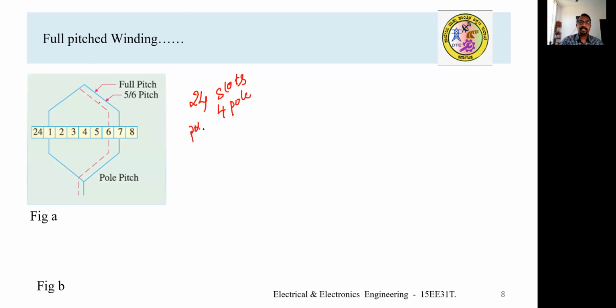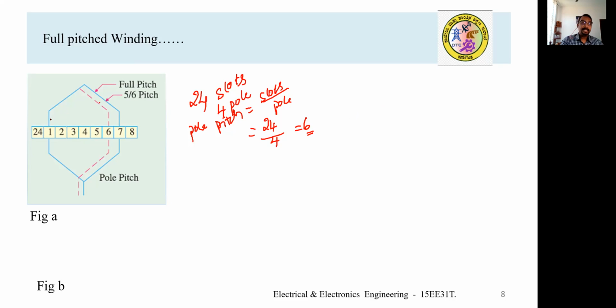Then what is the pole pitch? Pole pitch is equal to the number of slots per pole. The number of slots is 24 and it is a 4-pole machine, so it is 6 slots. So the pole pitch is equal to 6.